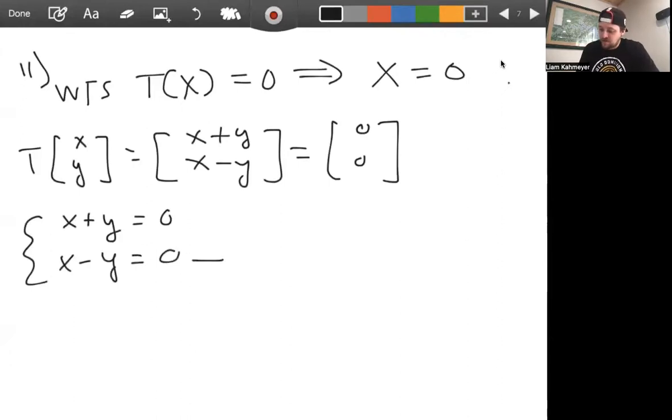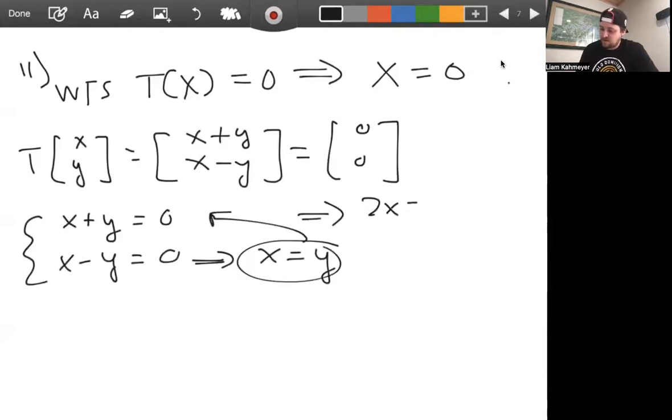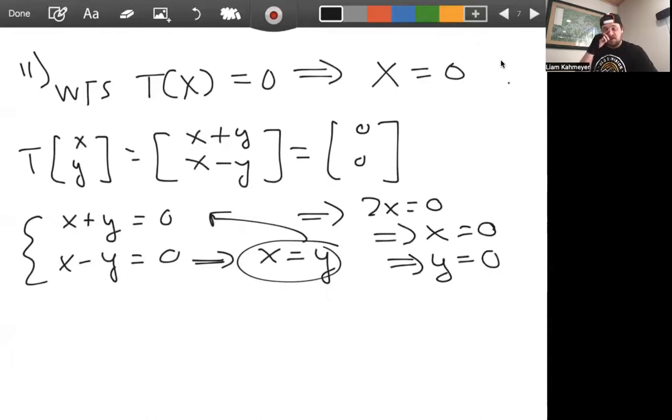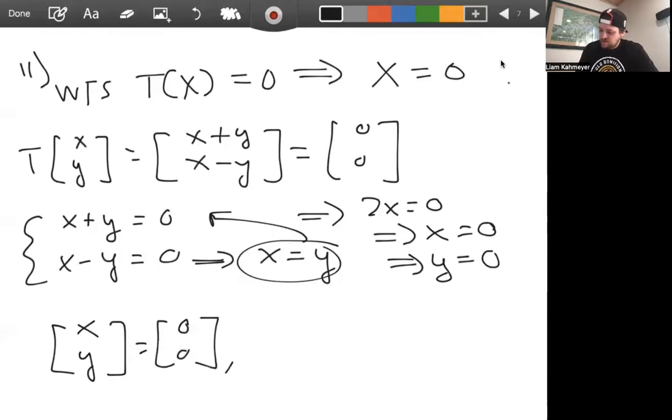The bottom equation tells us that x equals y, and then plugging x equals y into the top equation tells us that 2x equals 0, which means x equals 0, which also means y equals 0. So this system of equations has a unique solution of (x, y) equals (0, 0). And so, thus, T is one-to-one.